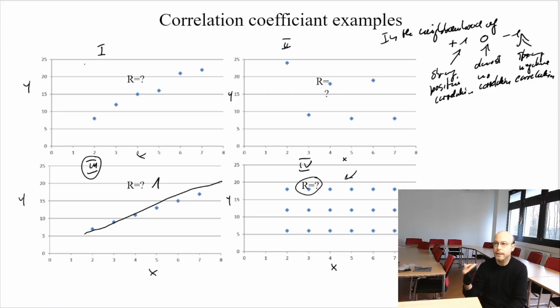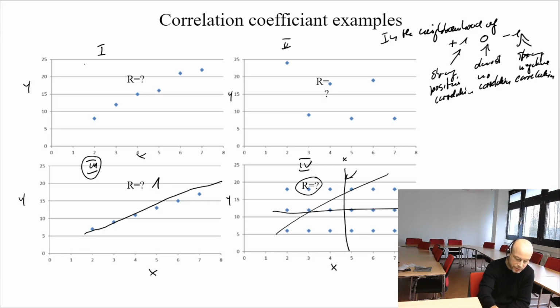Well, if we look at a data set where we have more or less random distribution, so totally symmetric, then we cannot distinguish between such a regression line, such a regression line, or such a regression line. What will be the best? I don't know. And therefore, of course, here we will have no correlation, and here we will have R equals 0. What do you think in case 1?